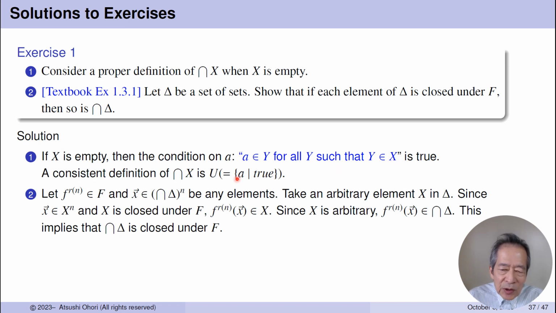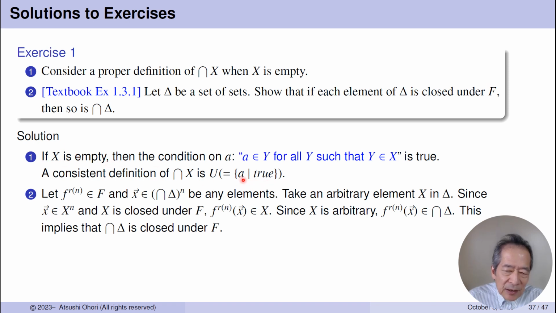Then you get this set of A where this condition is actually, when X is empty, true, since there is no Y in X. So this is true. So you get this set when X is empty.